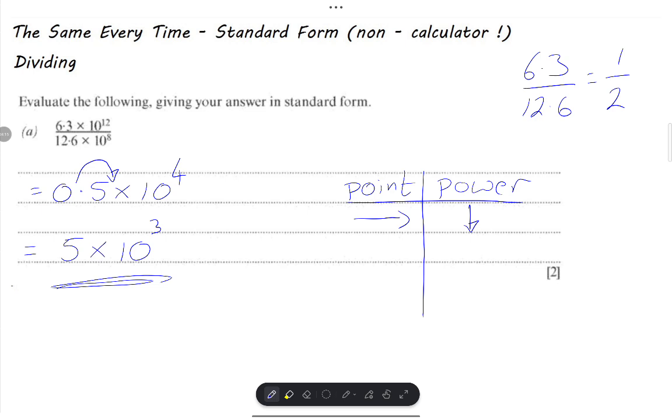So 1 place to the right in my leading number, the power has to decrease by 1. If I move my decimal point 1 place to the left in that leading number, then my power has to increase by 1. So maybe this is a way that you could remember that if you find the multiplying and dividing by 10 a little bit confusing.